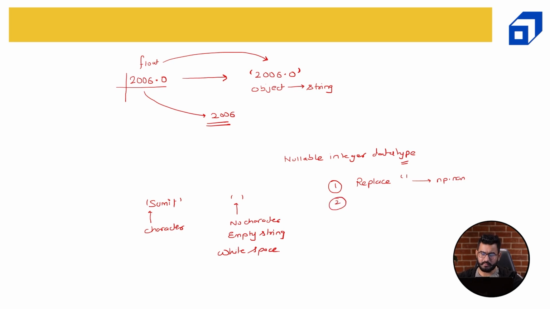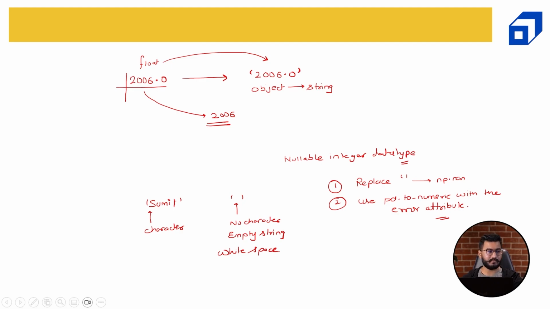The second solution is to use pd.to_numeric with the errors attribute. Now, what is the meaning of this? Let's try to understand this. We will be using the second approach.